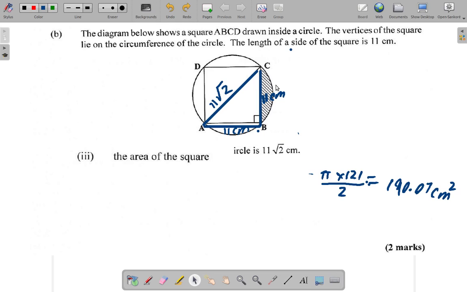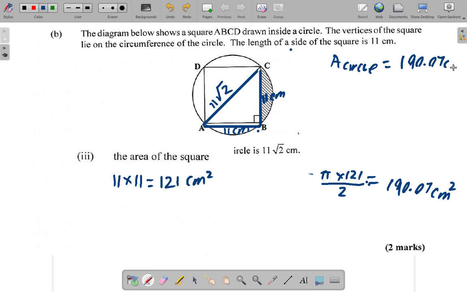Now, 11 by 11. So the area of the square would be 11 wide multiplied by 11 high equals 121 centimeter square. So the area of the circle so far is 190.07.